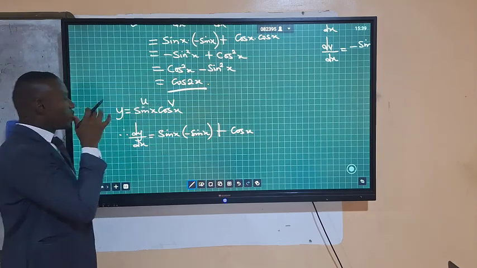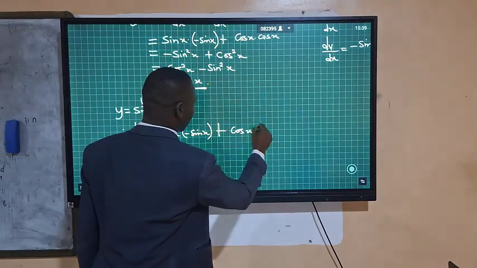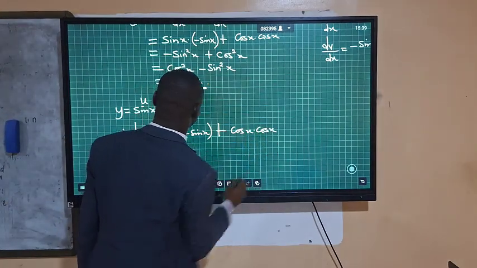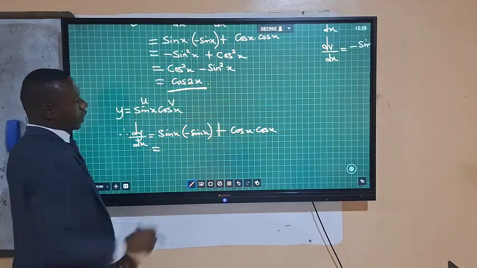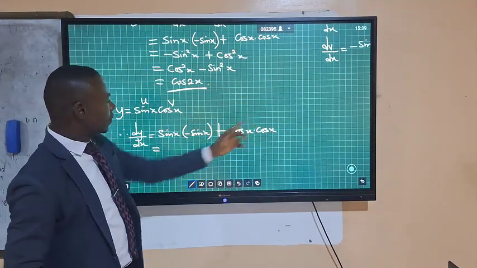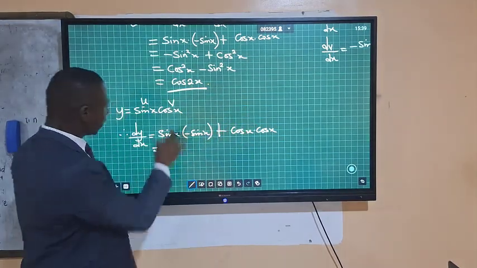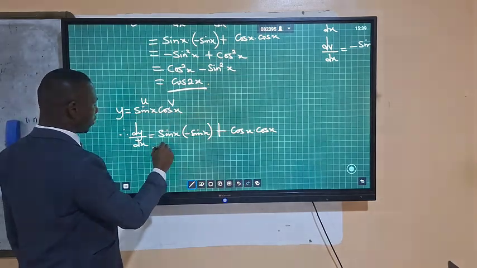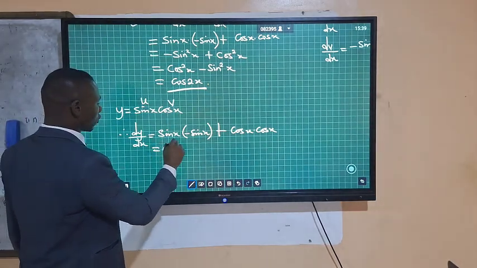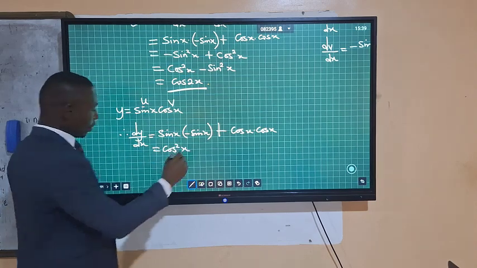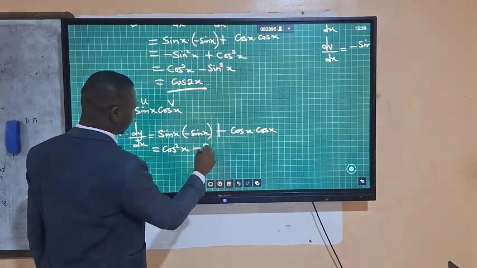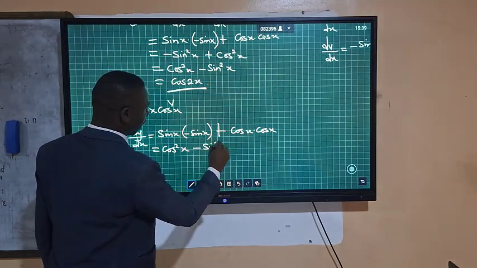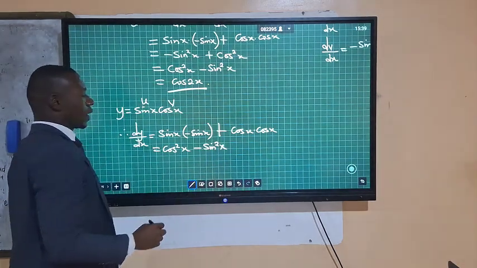When you differentiate u you have the same cos x. So if you do that, this times this will give us cos square x, and this will give us minus sin square x. So we have cos square x minus sin square x.